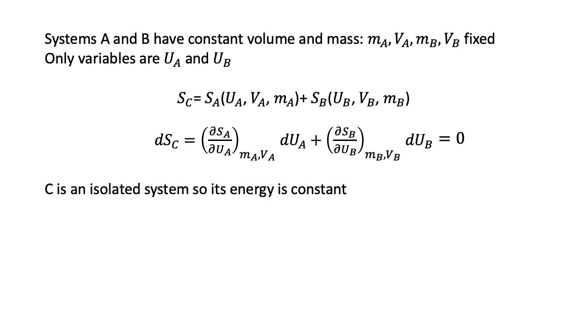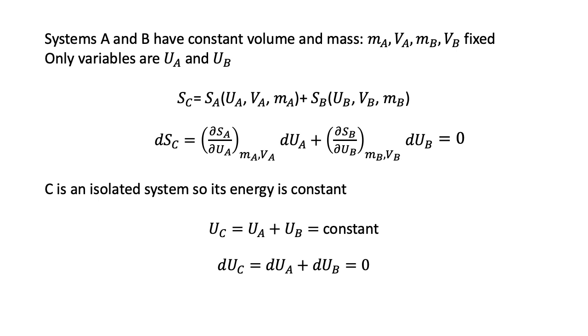Now, in addition, we know that C is an isolated system, so its energy is constant. Therefore UC, which is UA plus UB, is constant. If we differentiate this, we get that dUC, which is dUA plus dUB, must equal 0, or dUA is equal to minus dUB.